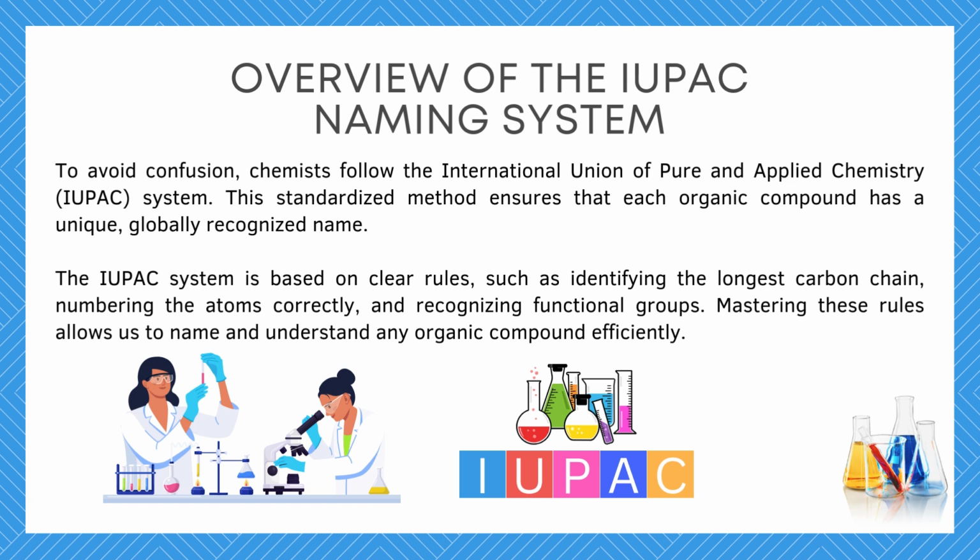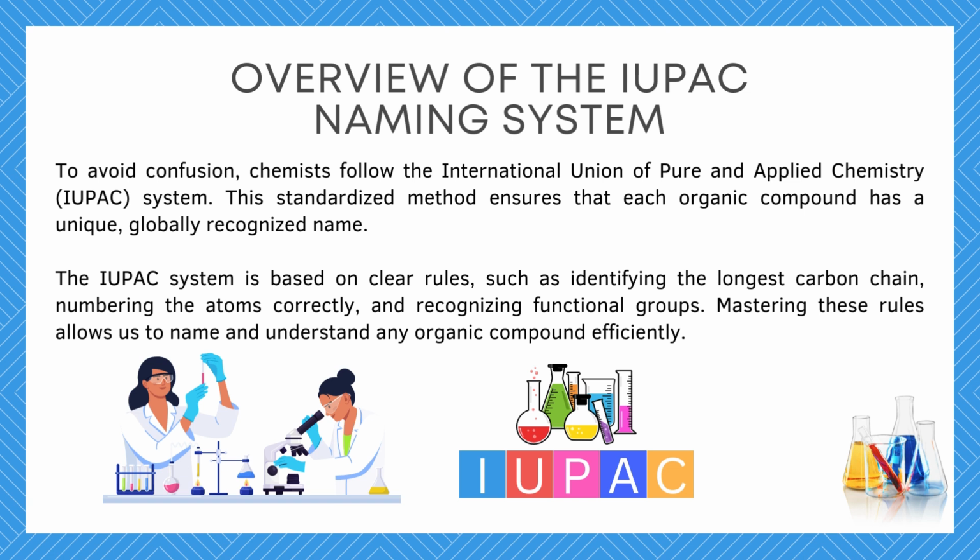There is a system for naming organic compounds, and that's the IUPAC naming system. To avoid confusion, chemists follow the International Union of Pure and Applied Chemistry system. This standardized method ensures that each organic compound has a unique and globally recognized name.